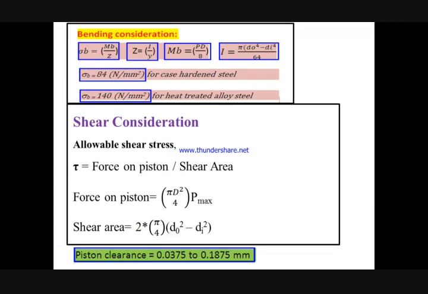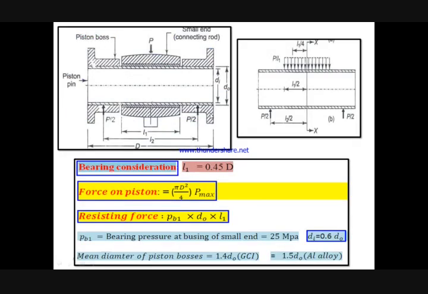How to find the dimensions of the piston pin? Here you can see the piston pin, where di is the inner diameter of the piston pin and d0 is the outer diameter of the piston pin. It is inserted into the hole made in the skirt and the connecting rod.